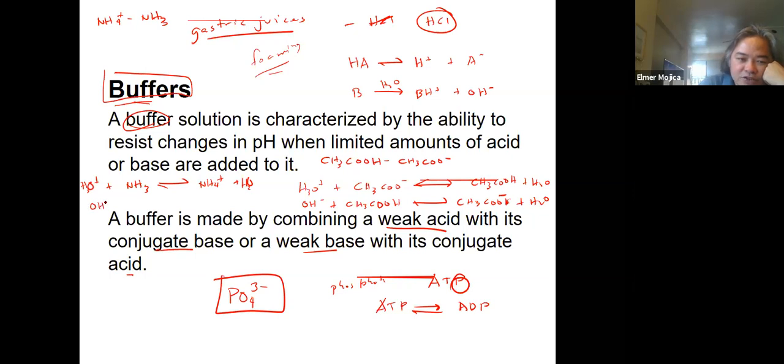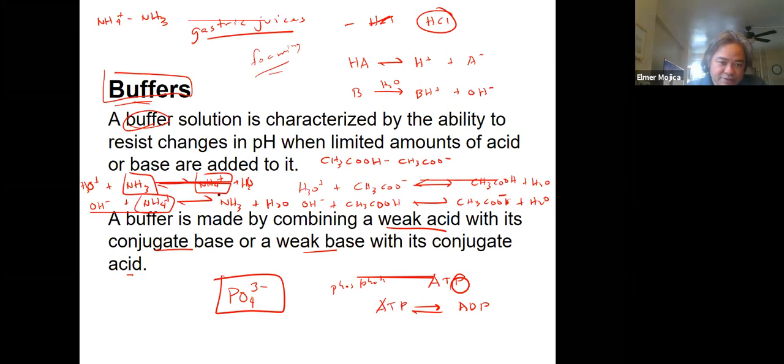If you add a hydroxide to it, the acidic form will react and you form NH3 and H2O. So as you can see, those two forms are always there. So that's the mechanism of a buffer.